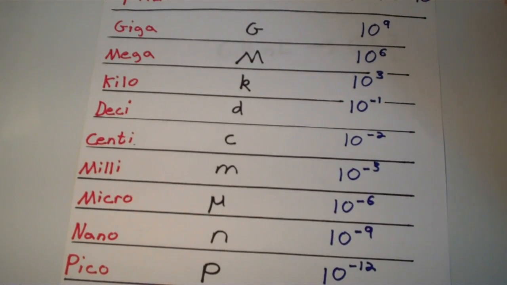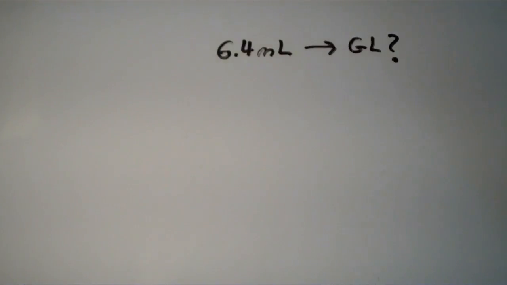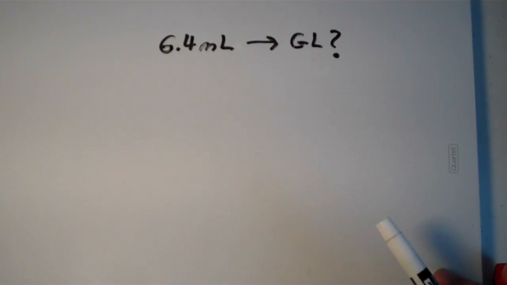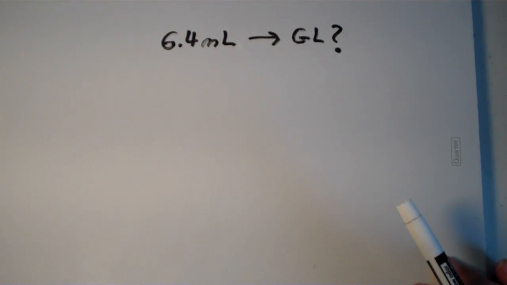So let's go through a problem real quick where we convert from one prefix multiplier to another. Suppose I have 6.4 milliliters, and I want to convert that 6.4 milliliters into gigaliters.